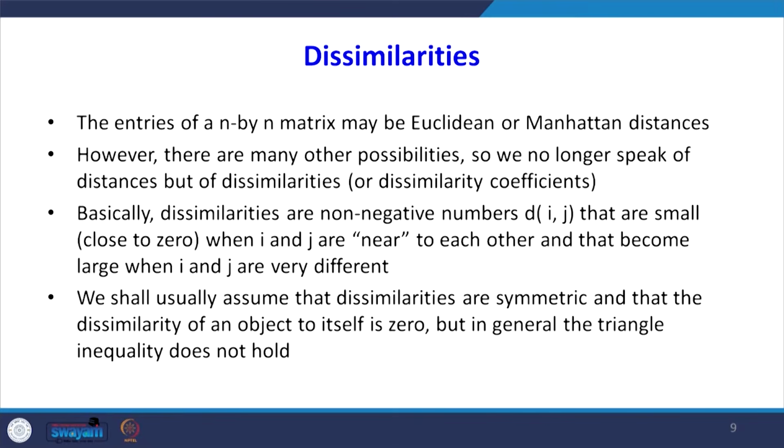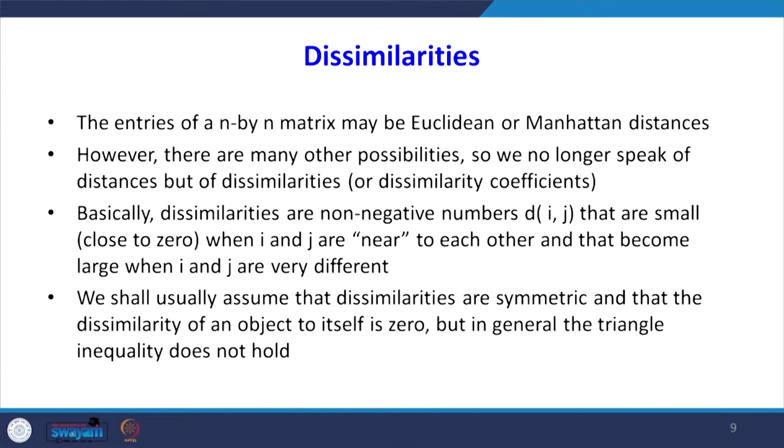Then we will go to another topic, that is dissimilarities. The entries of the n by n matrix may be Euclidean or Manhattan distances. However, there are many other possibilities, so we no longer speak of distances but dissimilarities or dissimilarity coefficients.